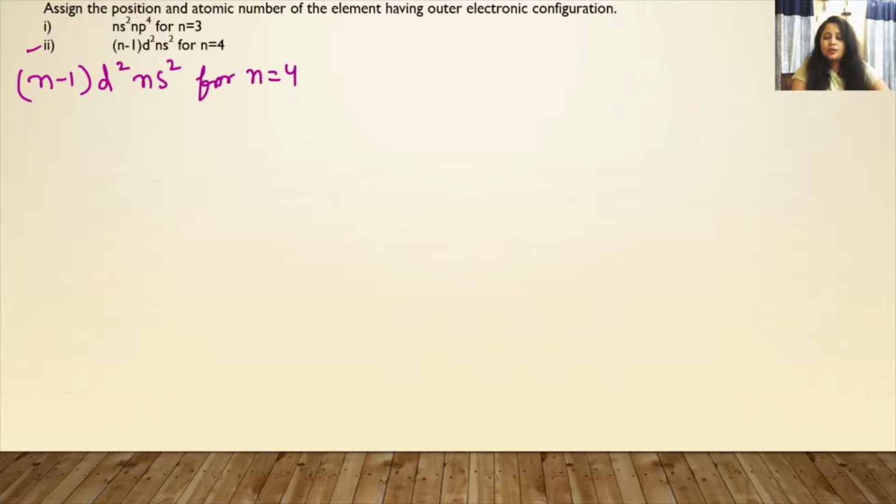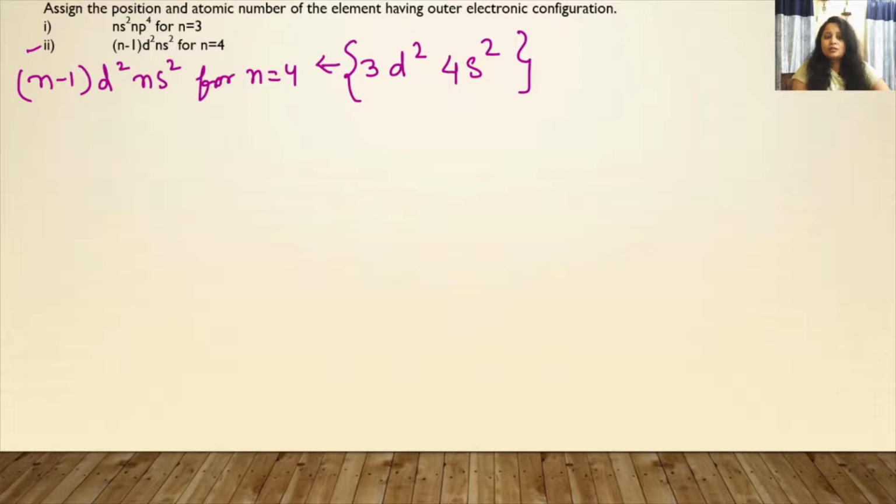So first we write in terms of numbers: n minus 1 is equal to 4 minus 1. It means we can write 3d2, and n means 4, 4s2. This is the given configuration for this question.